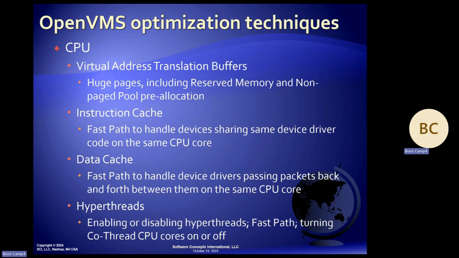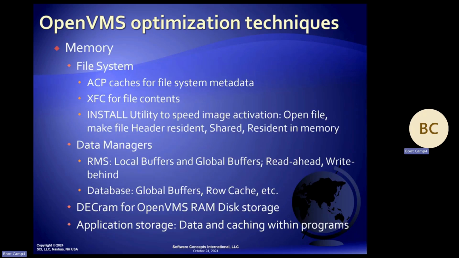All right, next at the memory level. File system: you can use ACP caches to cache file system metadata in memory. You can use XFC to cache file contents. The install utility can cache various things to speed image activations. You can say, go ahead and open the file and leave it open so you don't have to open it each time you're doing image activation.